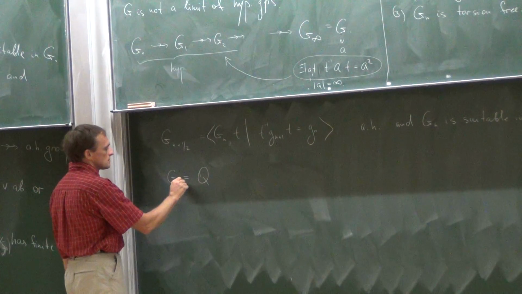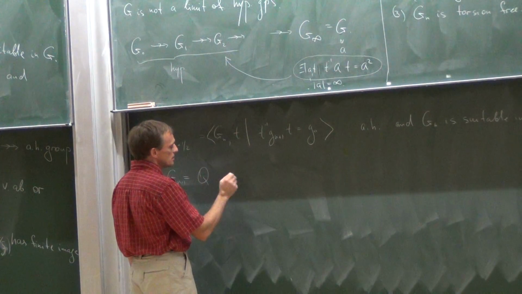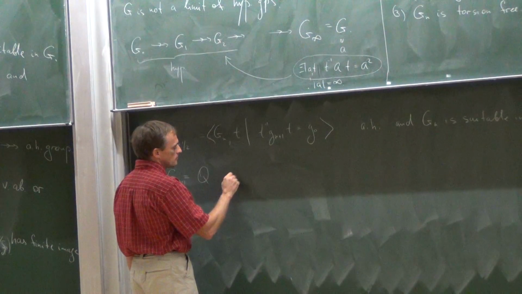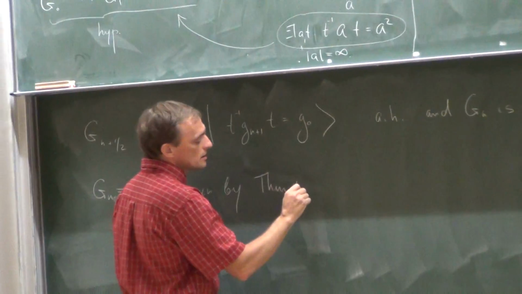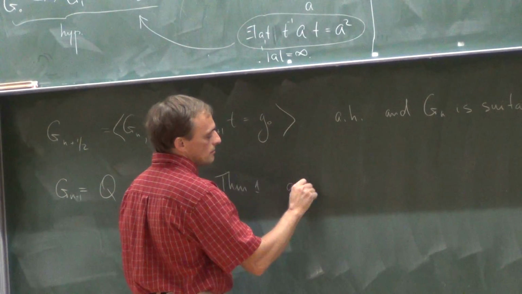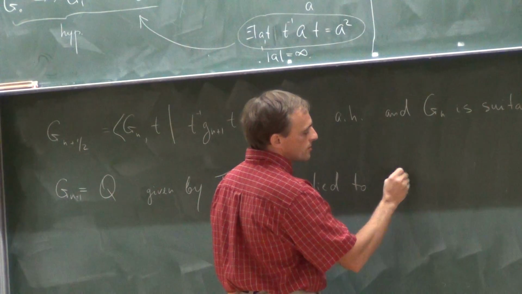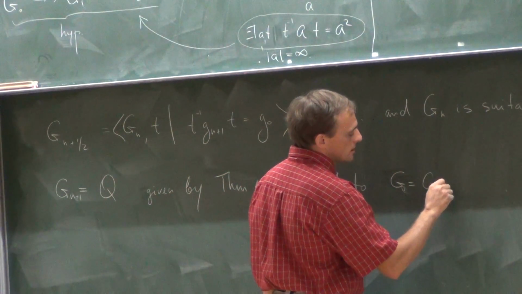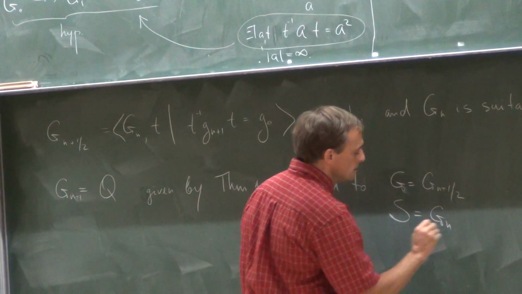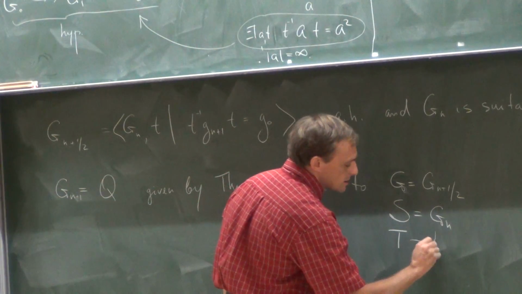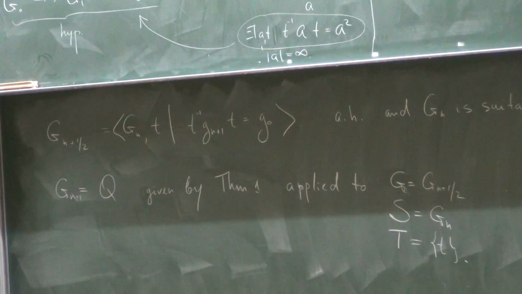And then you just take Gn plus 1 to be the quotient of Gn plus 1 half, where the quotient is given by theorem 1 applied to the group G, which is Gn plus 1 half, the suitable subgroup S, which is Gn, and the set T, which consists of the stable letter. And that's it.